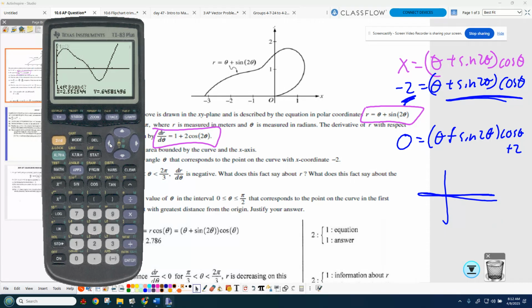And this 83 is kind of a pain. Most of you have the 84s, which is better. Finally, I get the answer that Evie had like 5 minutes ago. Everybody okay with using whatever technology they have?